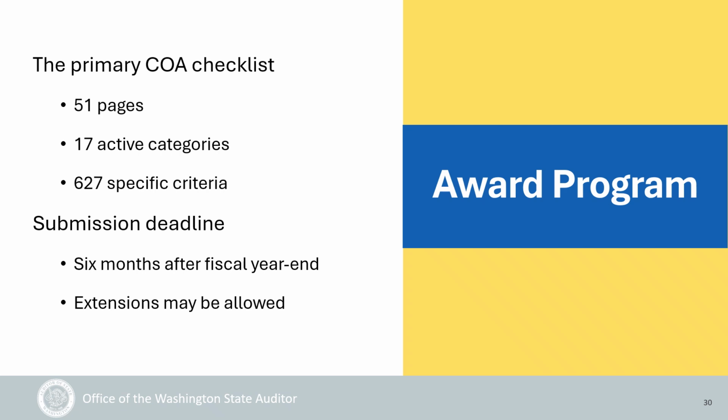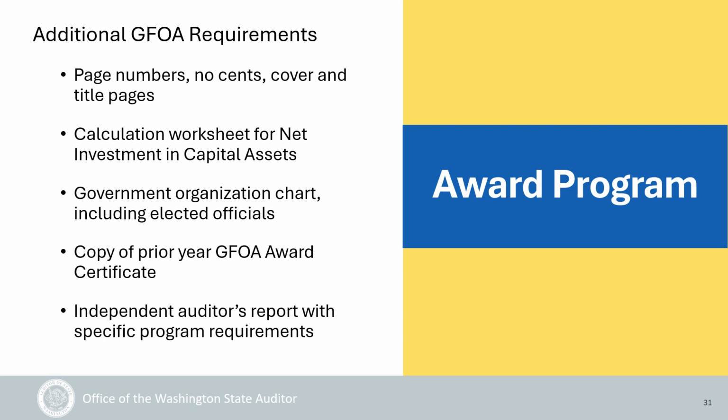requires submission of the ACFR to be within 6 months after a government's fiscal year end, though GFOA may offer an extension on a limited basis for extenuating circumstances. The GFOA has additional criteria that must be met that is beyond GASB GAAP requirements.